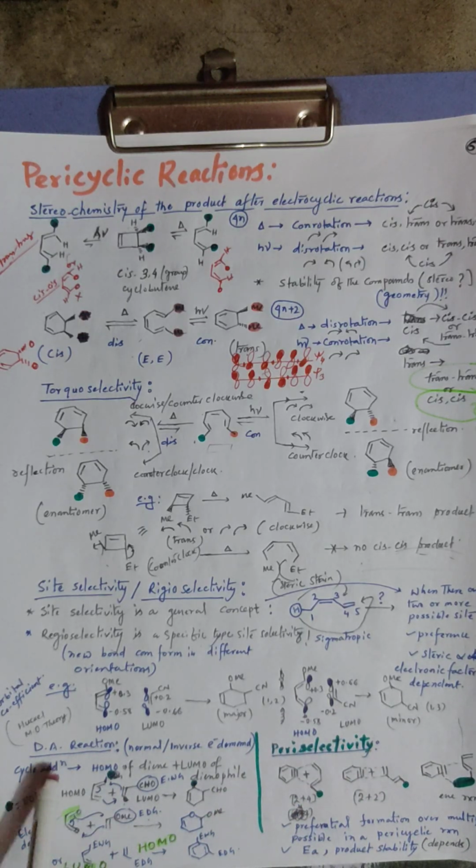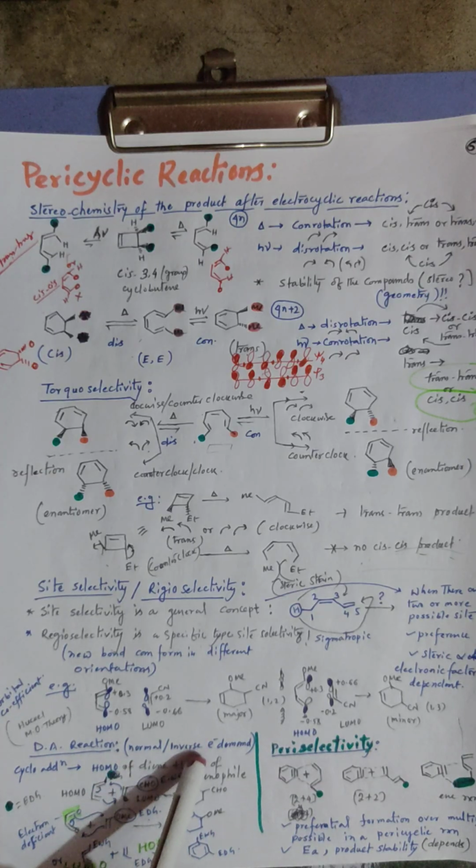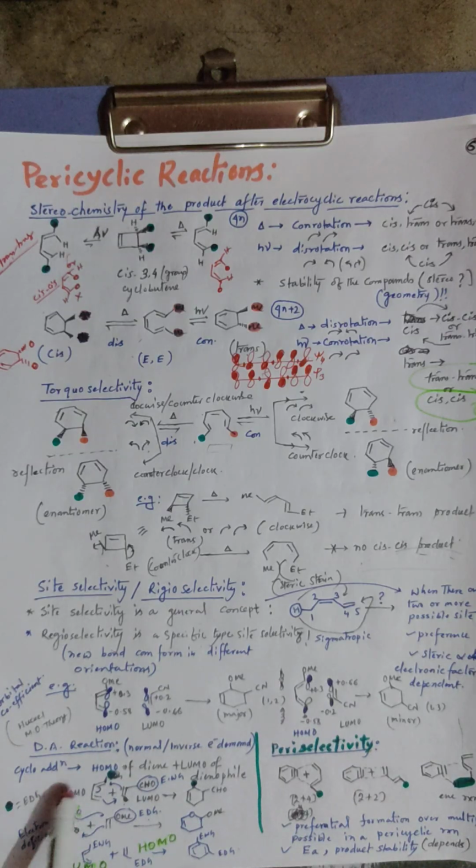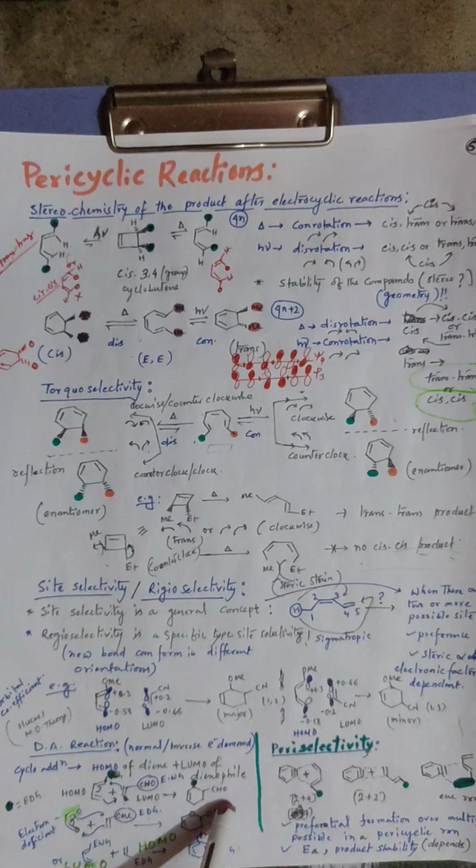Now we will see the Diels-Alder reaction, and how normal or inverse electron demand can happen. Generally, Diels-Alder reactions are cycloaddition reactions where the HOMO of a diene system and the LUMO of a dienophile system react, giving efficient orbital interaction and generating product.